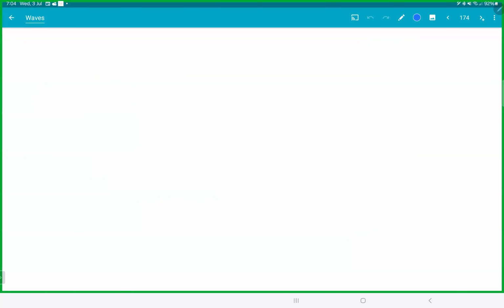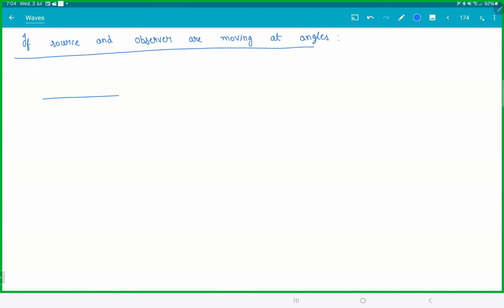Next thing, what if the observer and the source are moving at angles? So let's say we have the observer here at t = 0, and let's say this guy is going with v_0.